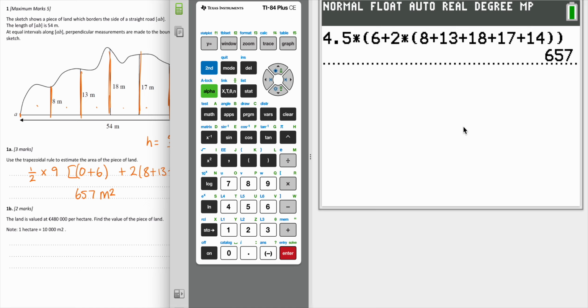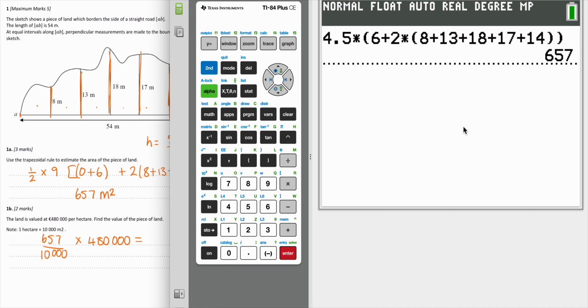and 1 hectare is equal to 10,000 meters squared. So first of all, we need to take our answer, 657, and divide it by the 10,000 to find out how many hectares we have, and then each of that gets multiplied by $480,000 to find the price of the land.